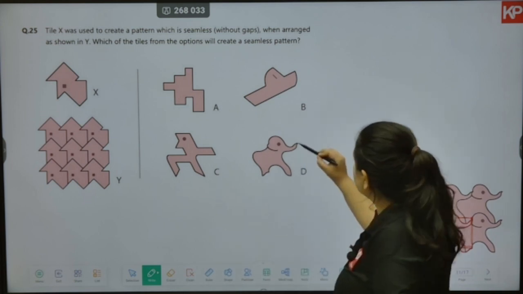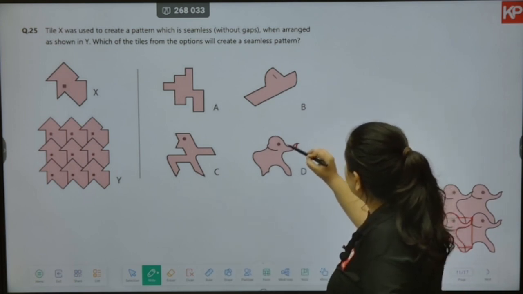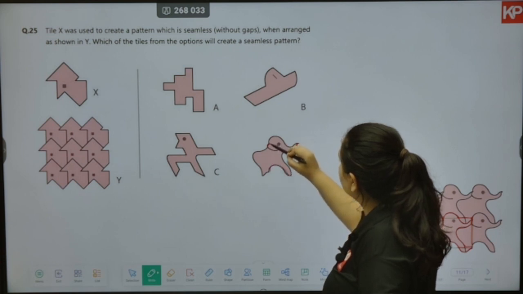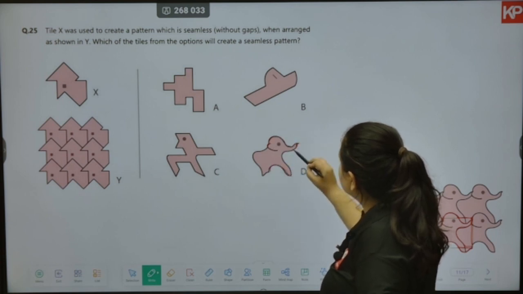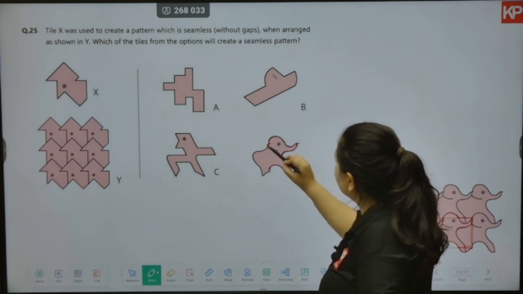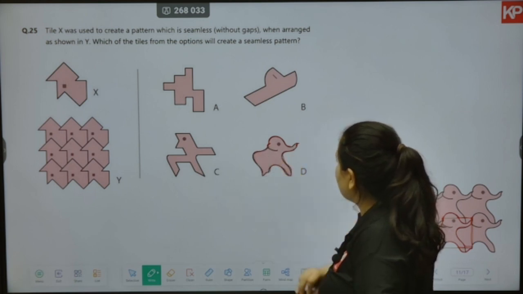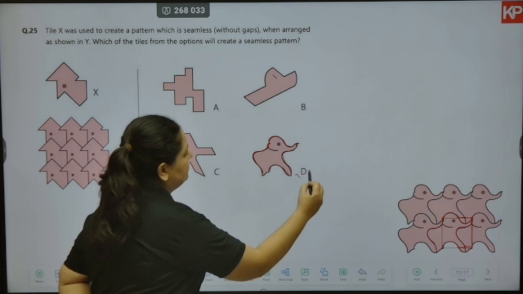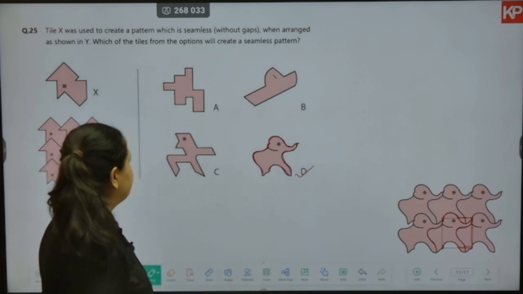Okay? So this portion is going to fit exactly here. This portion is going to fit with this exactly. This portion is going to fit with this exactly. So we can say that this D option is going to tessellate.